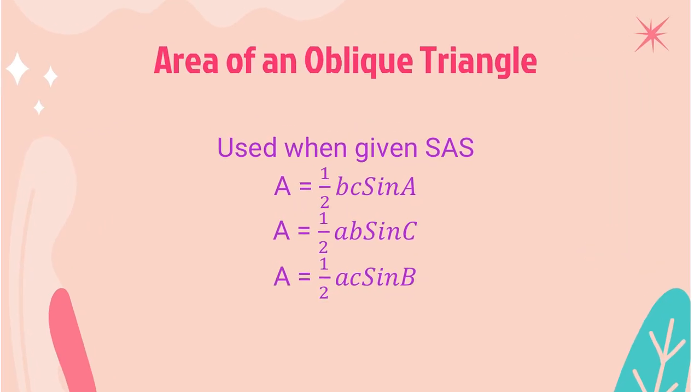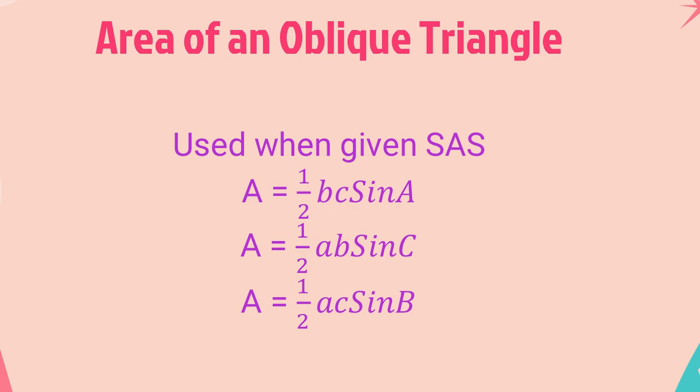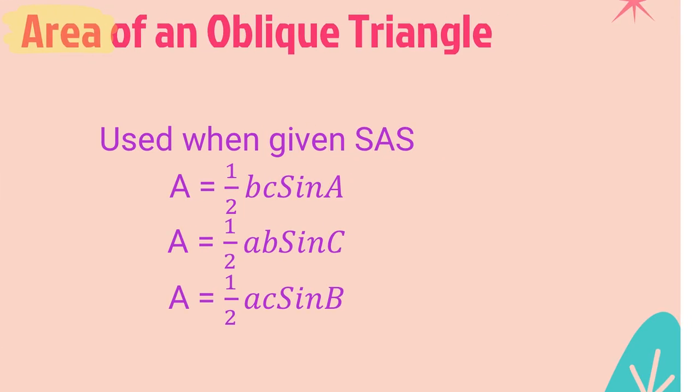All right, now that was solving for the triangle. The directions were solve the triangle, meaning I have to find everything. This one's asking for the area of an oblique triangle. So this is the rule you're using, given side, angle, side. A way to remember it is whatever the angle that they give you that goes with your sine, the other two letters are going to go in front.